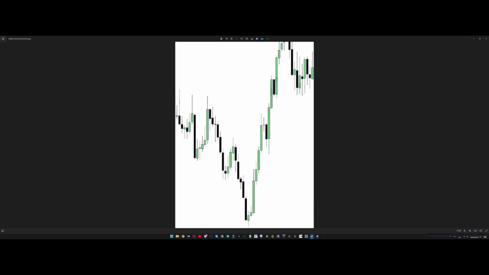But this model is very specific to the wicks. And some of you are going to say, well, okay, what do you mean by the wicks? This happens in the wick of an hourly candle that purges or sweeps liquidity every time.